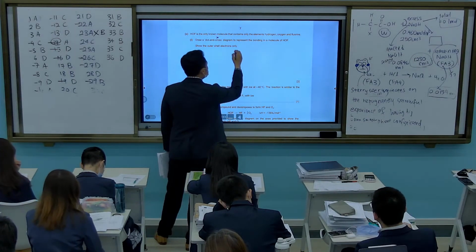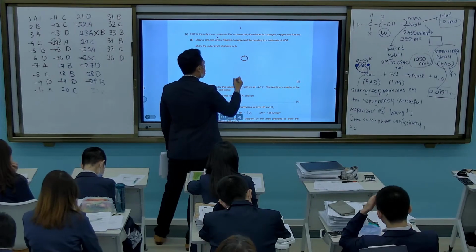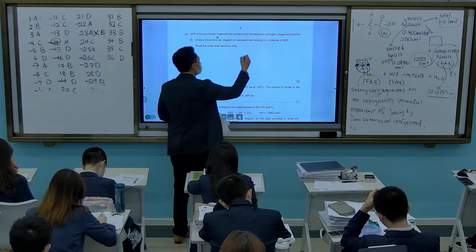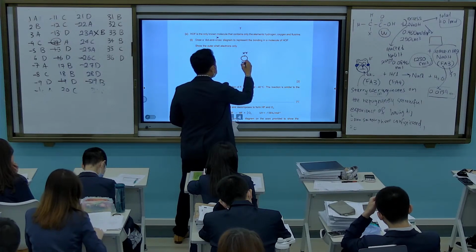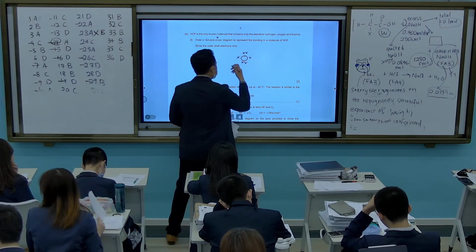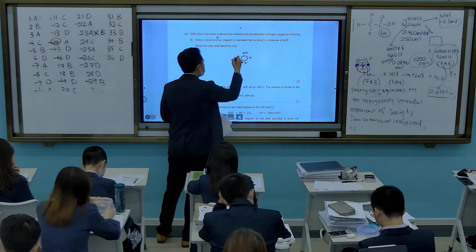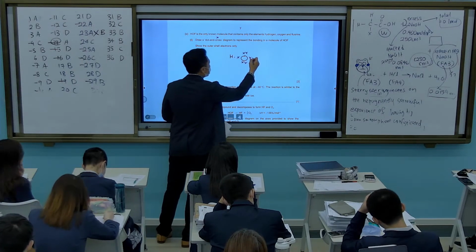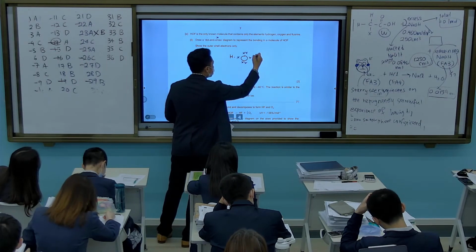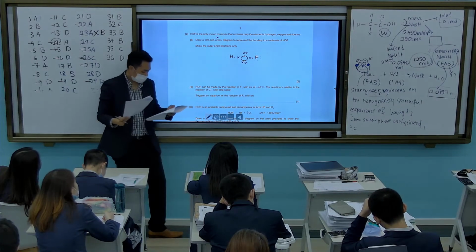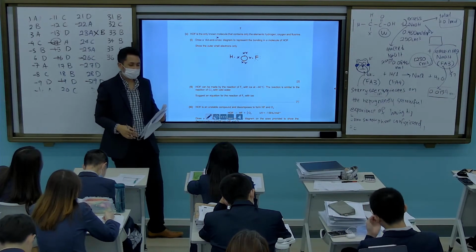So for this one, oxygen actually has 6 electrons, and then it will form a covalent bond with a hydrogen. Hydrogen only has 1, and then fluorine only has 7. Like this, and then do not forget to draw the key.